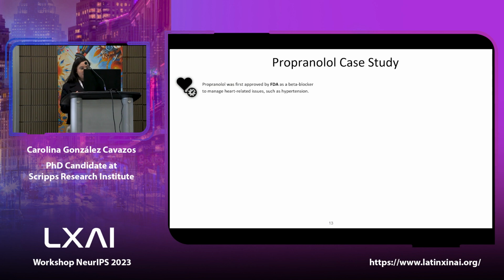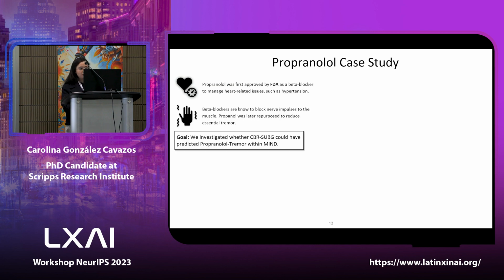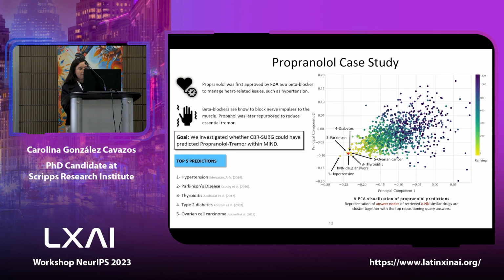All right, so I will just briefly go into a small case study that we were interested in. Propranolol is an FDA-approved indication for hypertension, and it was later approved for essential tremor. So we were curious to investigate whether case-based reasoning was able to identify this link with our dataset. What I'm showing you here is a PCA representation of the learned representations of the answer nodes for similar cases, shown in red.